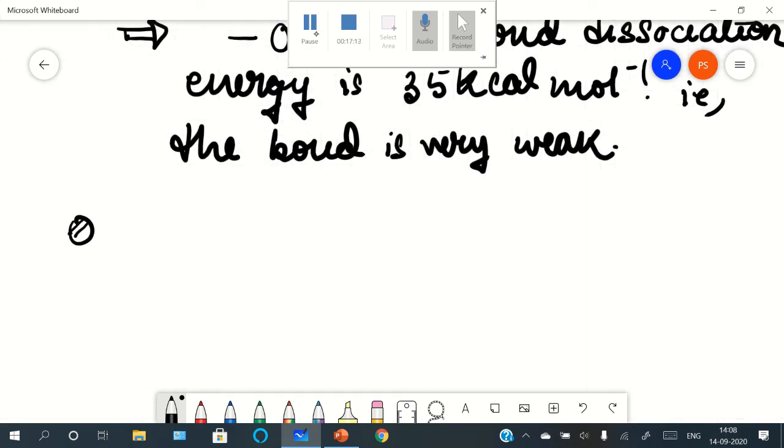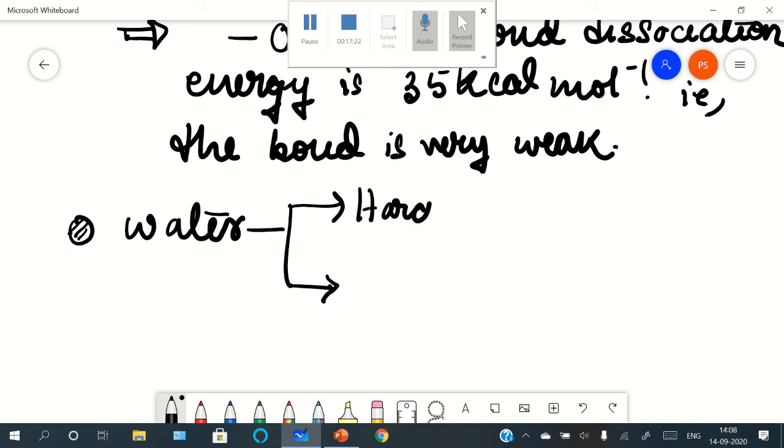Water is classified as hard water and soft water.